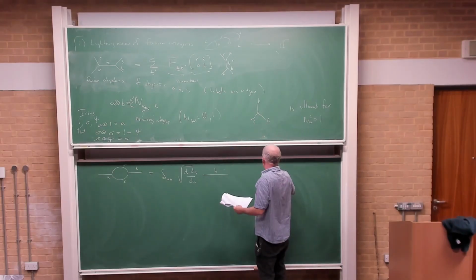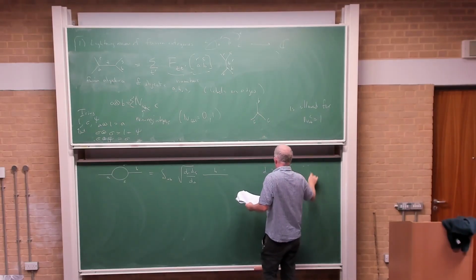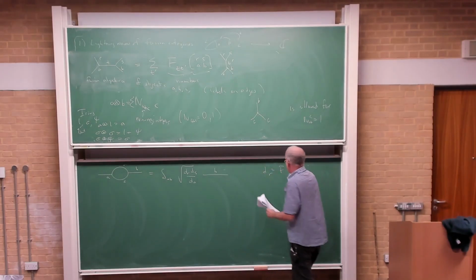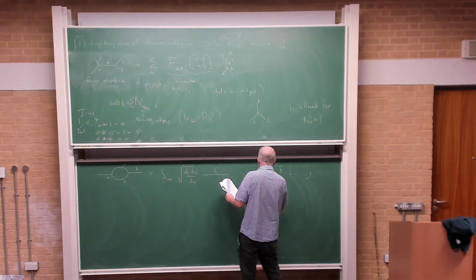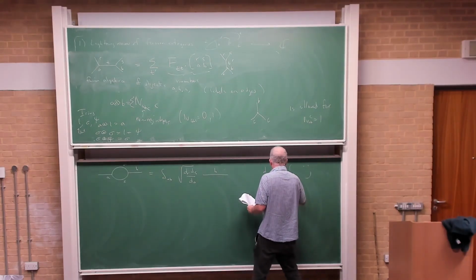D is some particular F with some things going on there, which I won't bother to write out. But what D is, these are called the quantum dimensions.